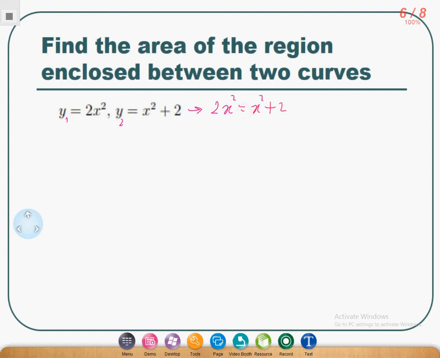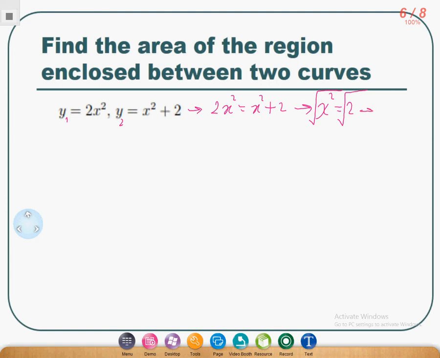Some students asked me before, "Mister, sometimes we start by y2 equals y1, and sometimes y1 equals y2." It will be the same, boys. If you start by y1 equals y2, it will be the same as y2 equals y1. Okay? After that, simplify. It will be x squared equals 2, take the square root.